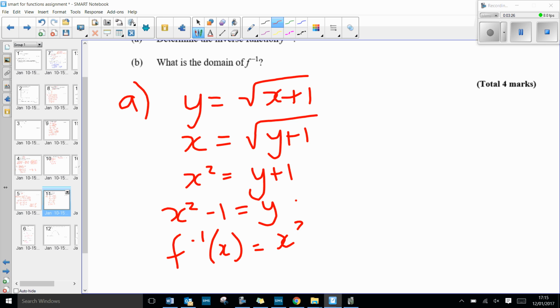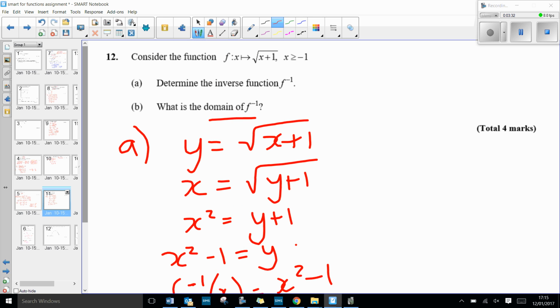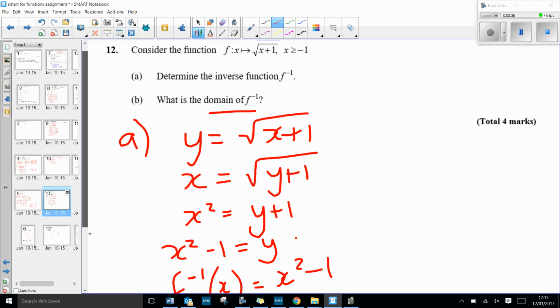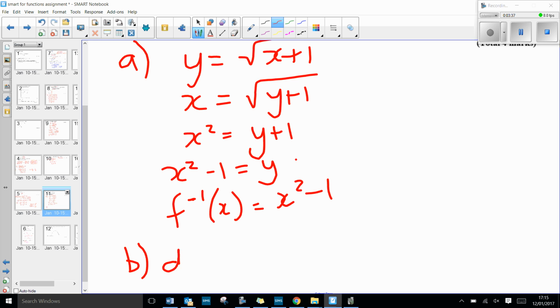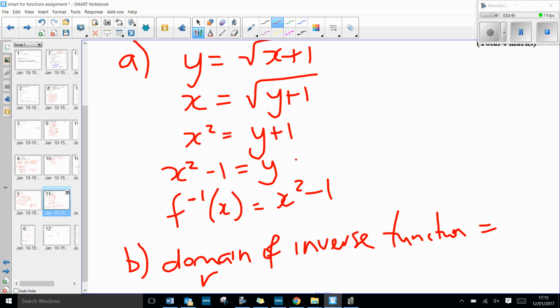Now they're talking about the domain of that inverse function. Now the domain of an inverse function, okay, so B, the domain of the inverse function is equal to the range of the original function. So we need to determine what the range of the original function was.